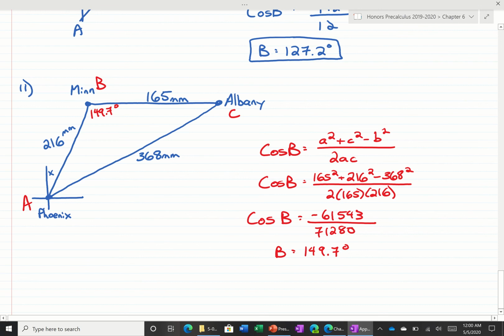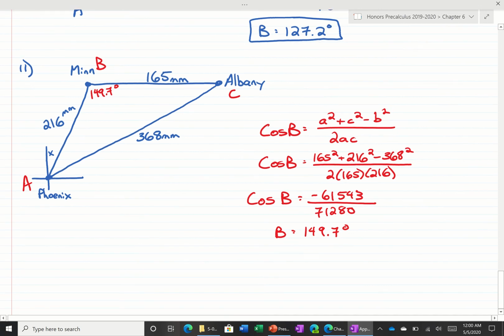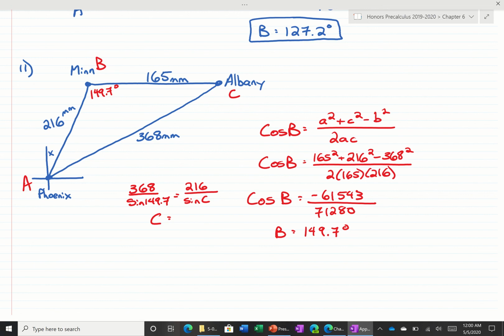All right, and if we know that, we could figure out what angle C is. So we're going to do just kind of filling in here, 368 over the sine of 149.7 is equal to 216 divided by the sine of angle C. So 216 times the sine of 149.7 divided by 368, and the inverse sine of that is angle C is 17.2.